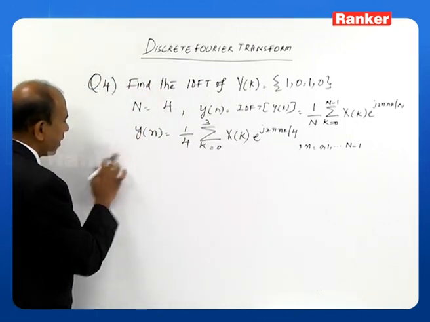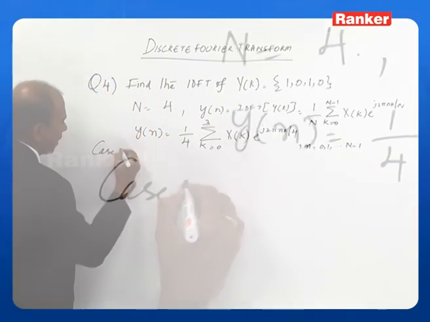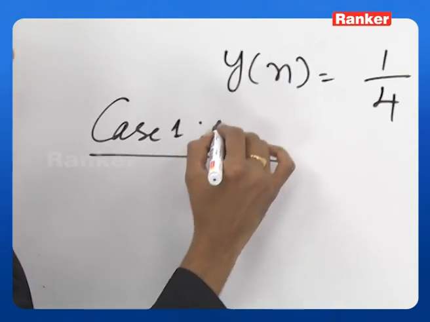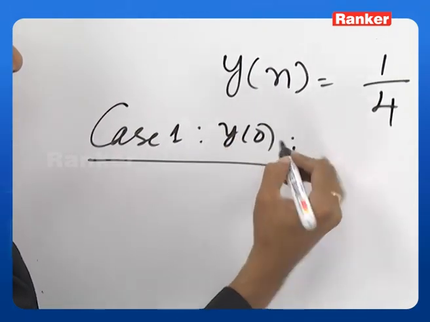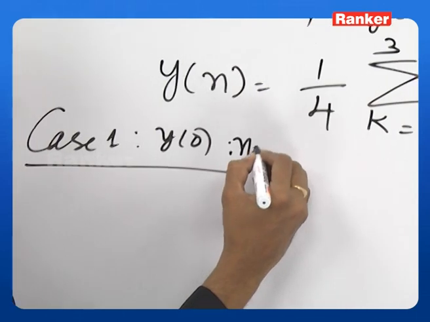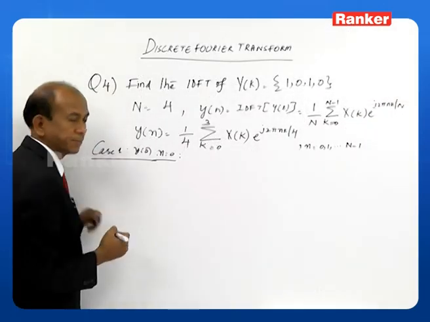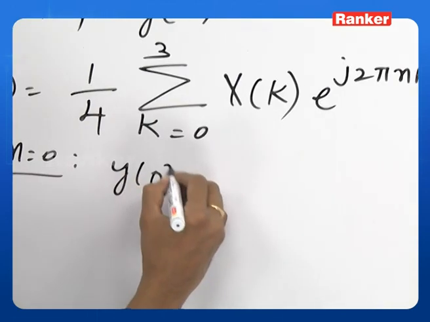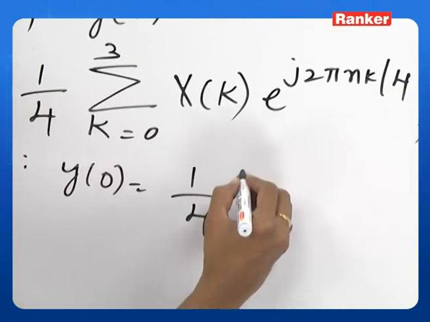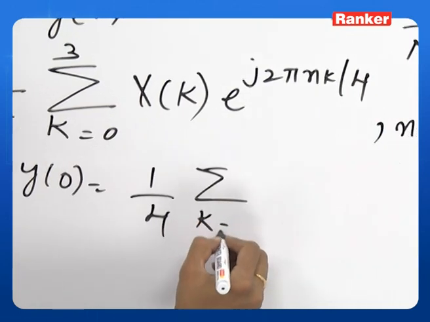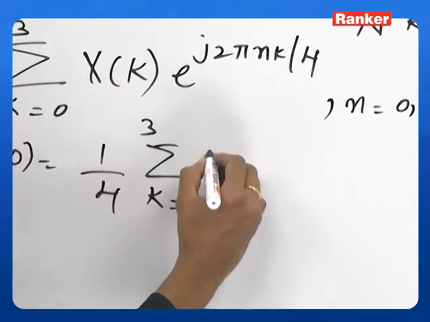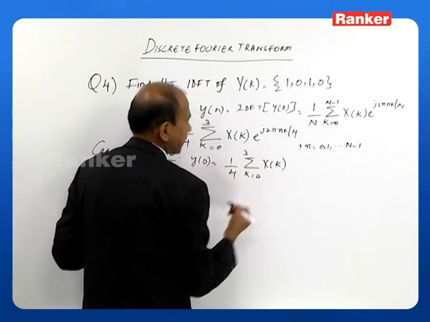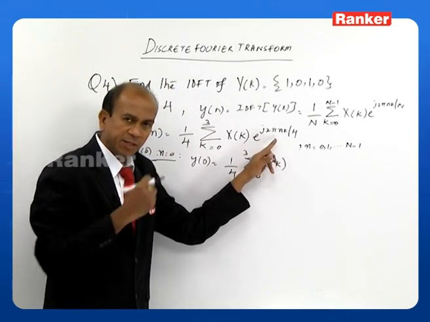Okay, case 1 again. Okay, y of 0, that is when n is equal to 0. So let us write down that. So y of 0 for me is equal to 1 by 4, k is equal to 0 to 3, x of k. Now this becomes exponential to the power of 0.